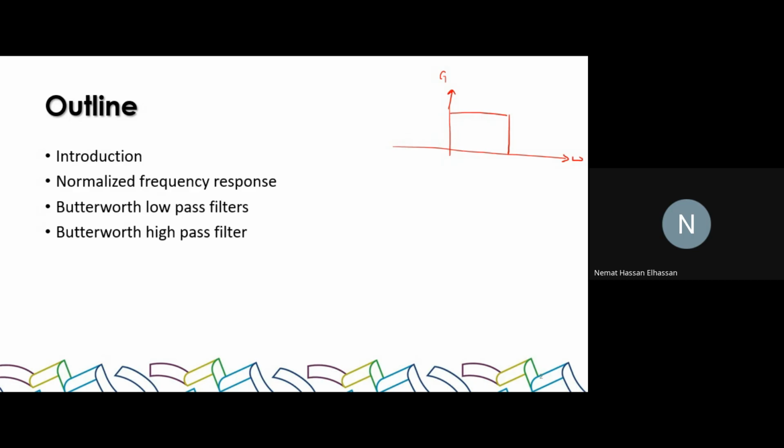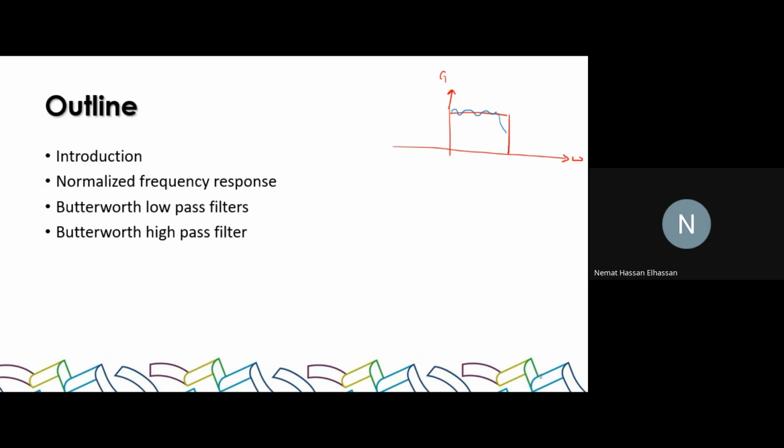But this is an ideal low pass filter. Realistically, a non-ideal filter will have, first of all, fluctuating gain. It will not be stable. And second of all, it will have roll-off. It will not directly transition from pass band to stop band immediately with 90 degrees angle, right?